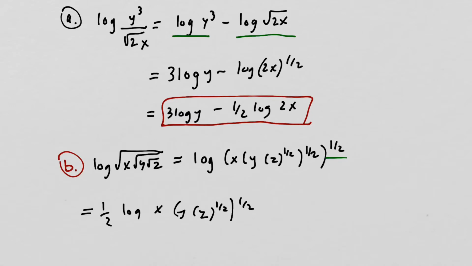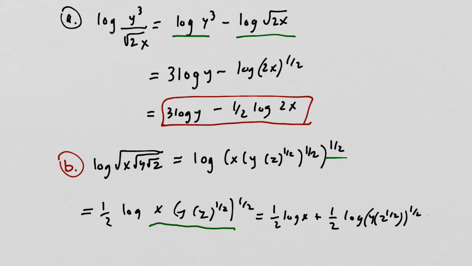Since x is multiplied by some number raised to the 1/2, we can use our sum of logarithms, and we get 1/2 the log of x plus 1/2 the log of y z to the 1/2, all raised to the 1/2. Let me start a new page.